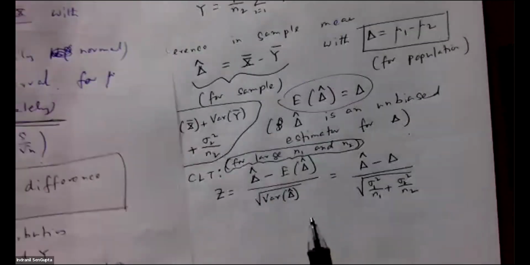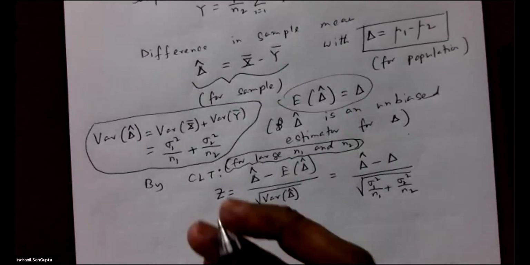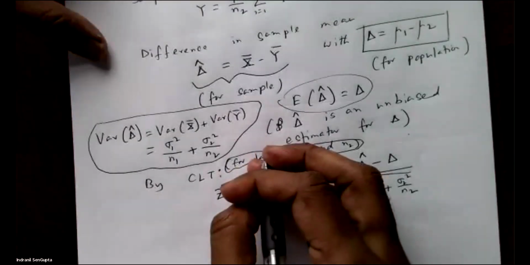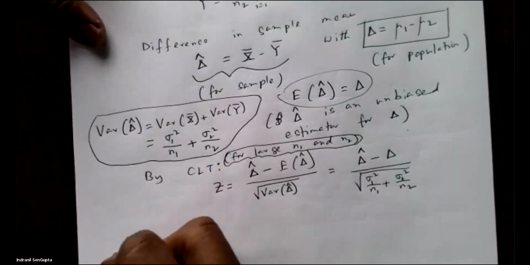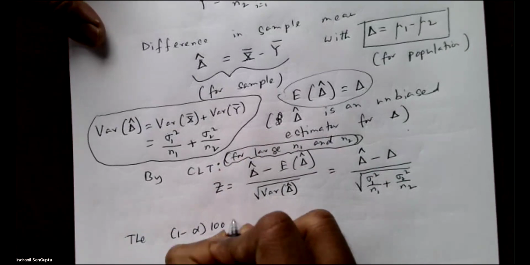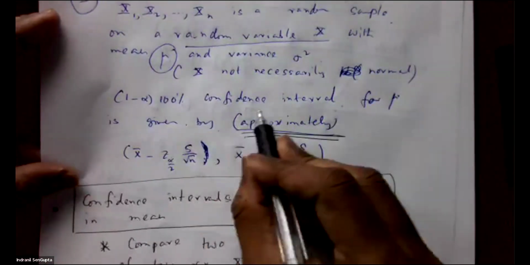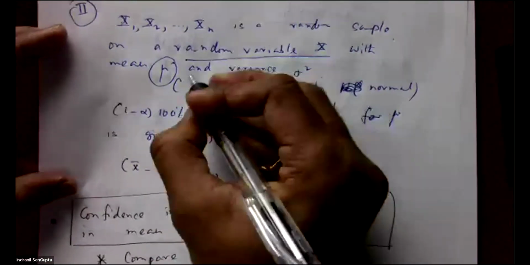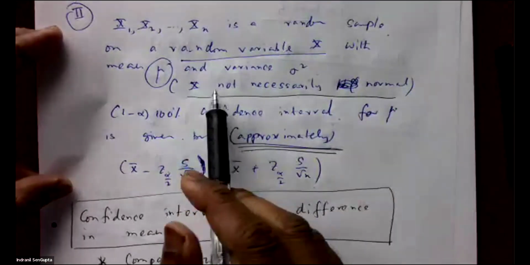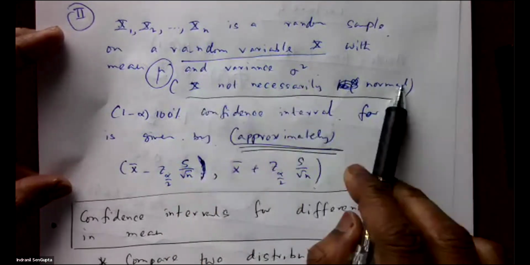Okay, so basically, if I want to have the confidence interval for the difference of the means, the 1 minus alpha 100% approximate confidence interval. Why approximate? Because remember that for the case 2, we write approximate because we don't know how the original distributions are. They are not necessarily normal, right?